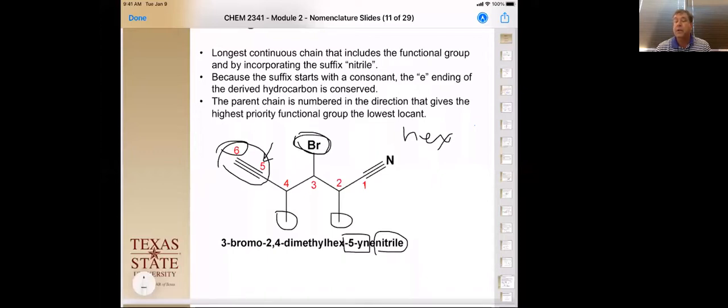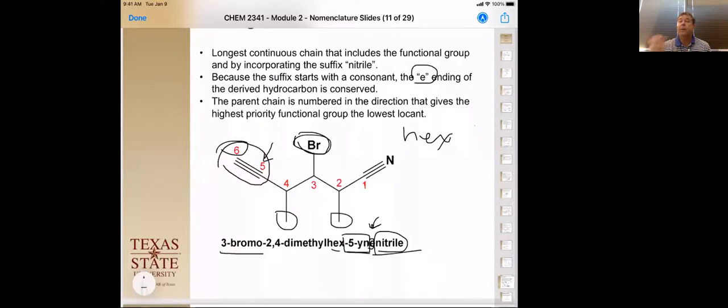So that gives us 3-bromo-2,4-dimethylhex for our 6 carbons, 5-yne nitrile. Okay. So that E right there, we always leave that E so that it doesn't have 2 consonants sticking together, but it's yne nitrile. Okay, so there's always going to be that little E there. It's one of the weird ones that breaks the rule, but it's how it's done. Questions on nitriles?